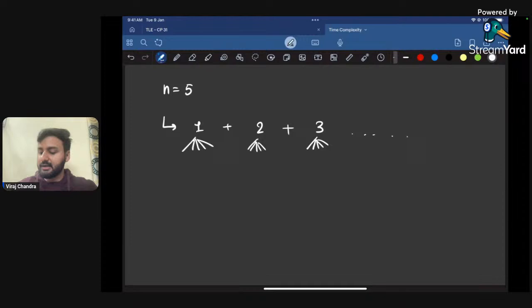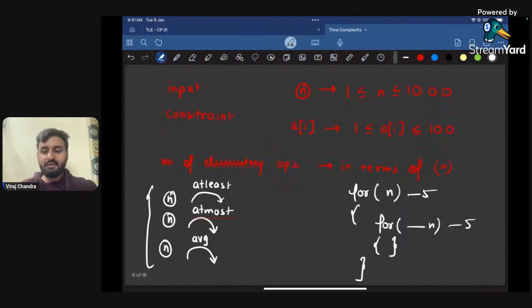So a very simple thing can be written: it ran 5 plus 5 plus 5 plus 5 plus 5, that is basically 25, or 5 square, or n square number of operations. Does everyone agree? Correct. Now you have 25 elementary operations you ran, or basically n square operations. So you can understand that the time complexity for this is actually n square.